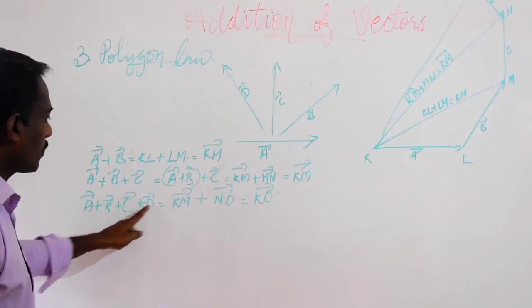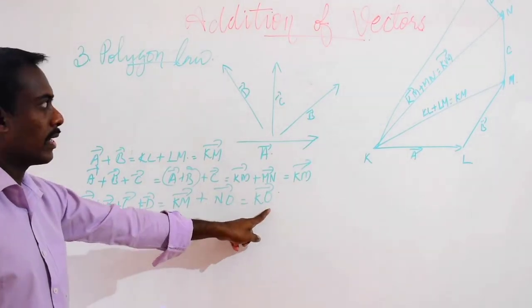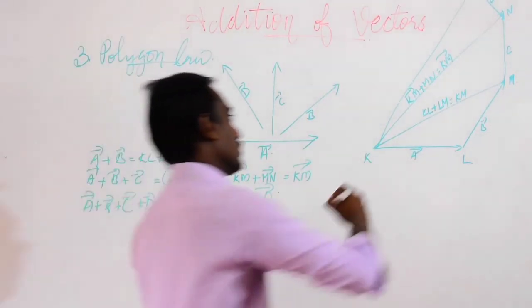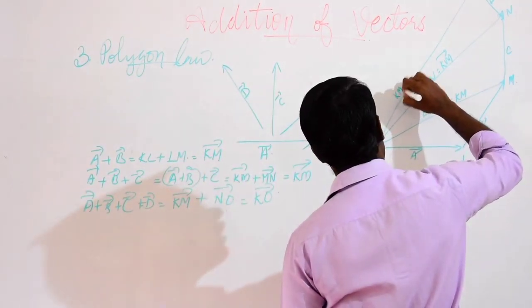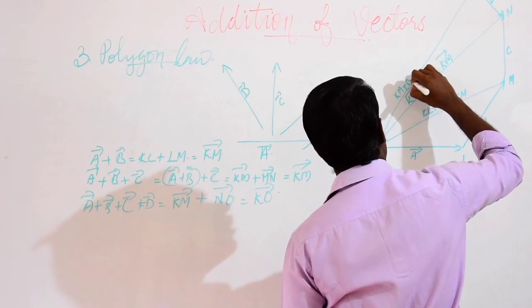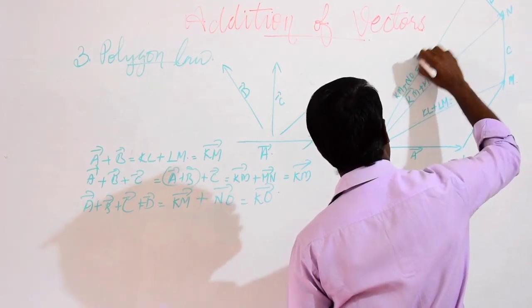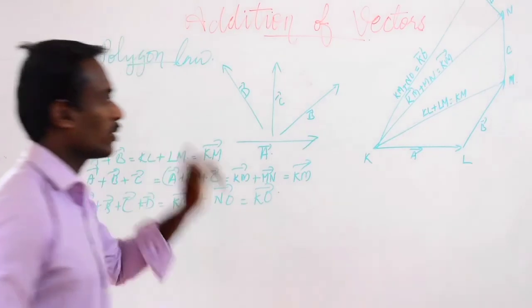So A plus B plus C plus D is equal to KO.